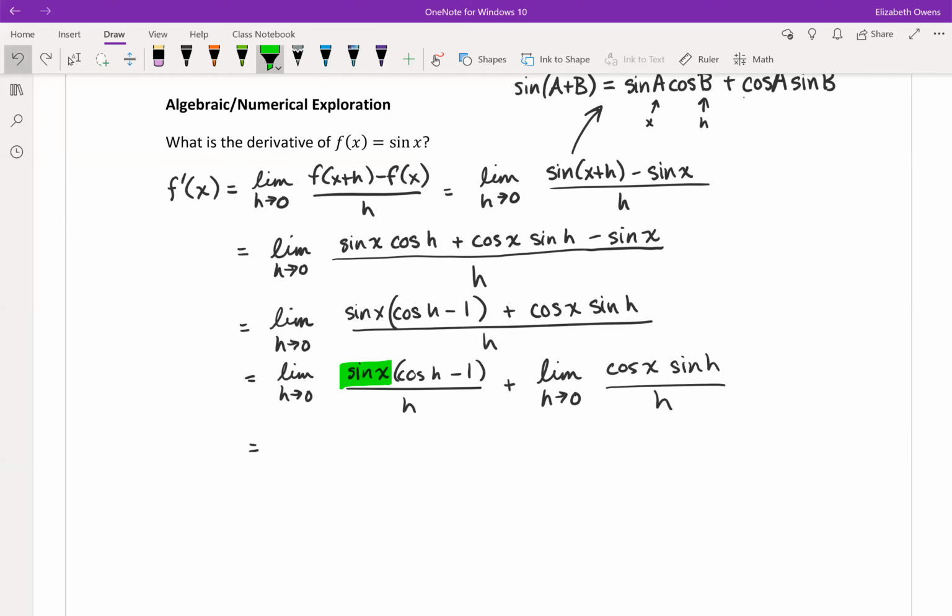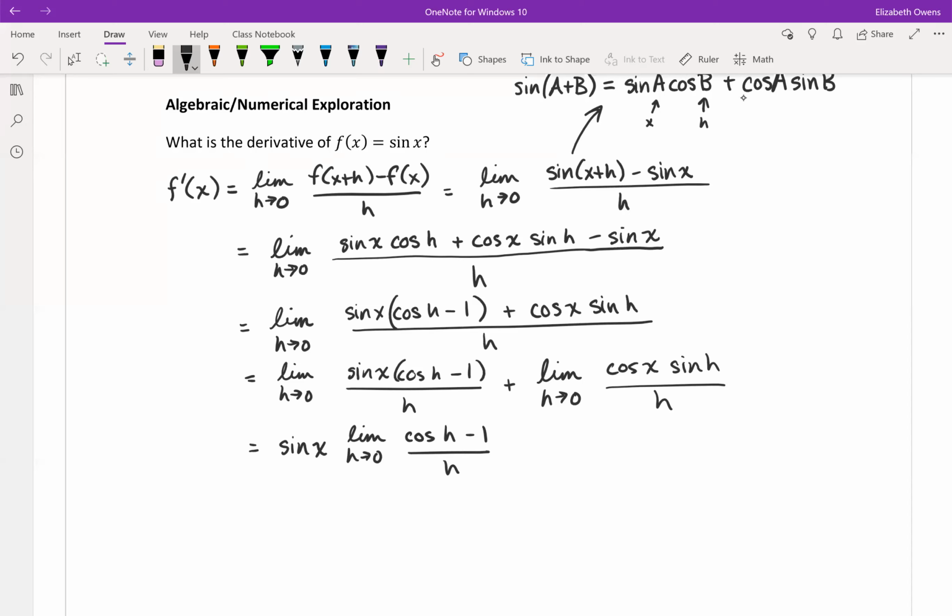So it effectively acts as almost a constant as h is changing. We get to pull sine x out of the limit as we would a constant, just because it didn't involve the variable that was changing. So we have sine x times the limit as h approaches 0 of cosine of h minus 1 over h.